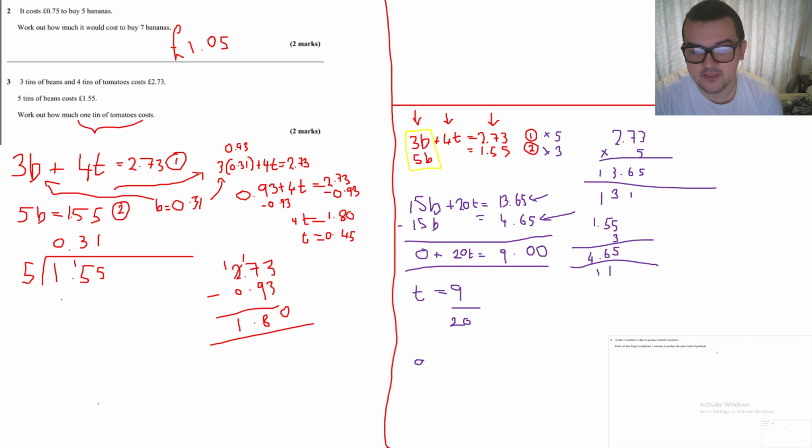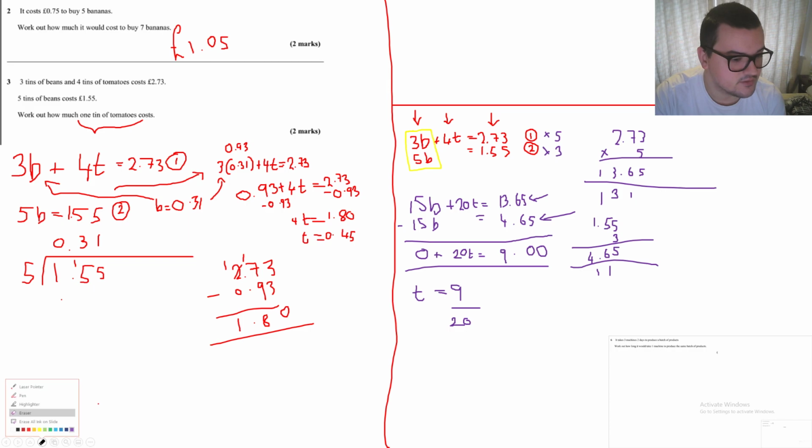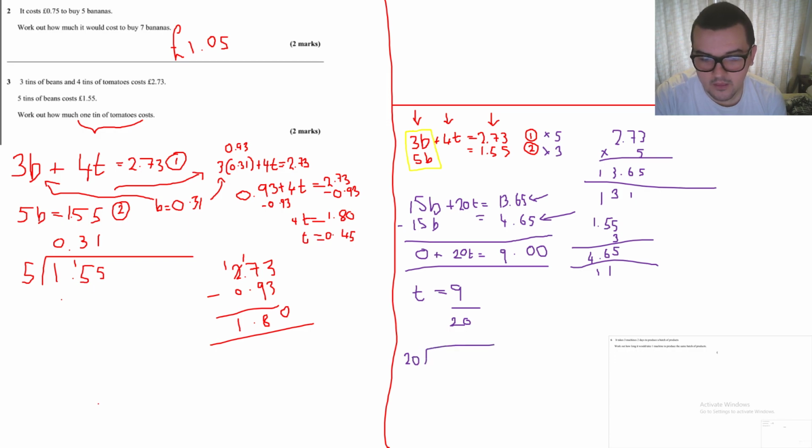We can find that out using long division. 9 over 20. No, sorry, that's the wrong way around. I'm always going to do something mixed up. Right, the number you're dividing by goes in the front. So how many 20s go into 9? 0. So we do a little point and we carry the 9.